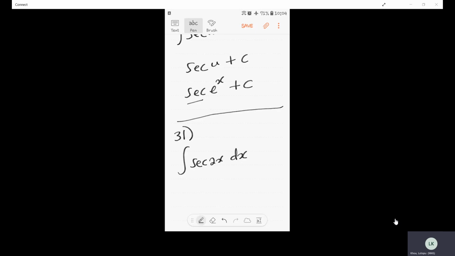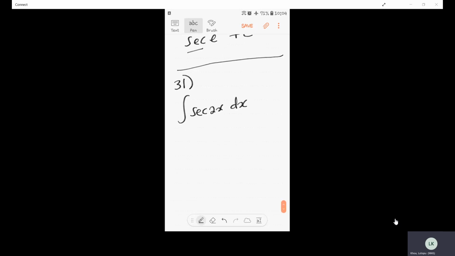So it doesn't work for every function, but this is like a trick that we can use. Now first we will do a substitution. So we will let u equal to 2x. This means that du is equal to 2 dx, and this means that half du is equal to dx.